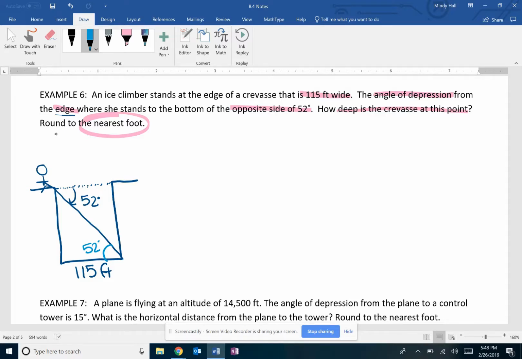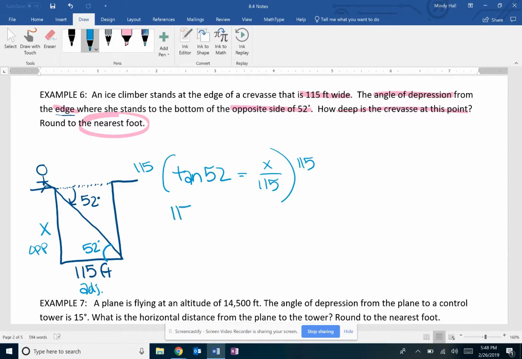Because we want to know the depth of the crevasse, we're going to be looking for that tall side. So again, we're using tangent because it's our opposite that's across the triangle and the adjacent. So we have tangent 52 equals opposite over adjacent. And so we'd have to multiply by 115.